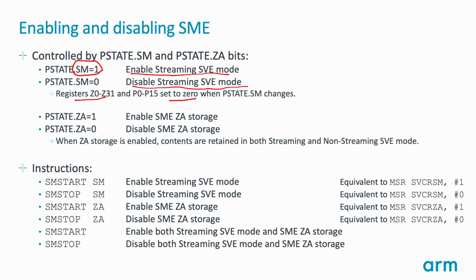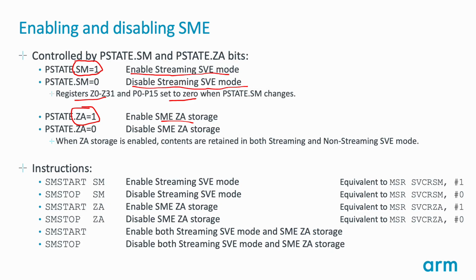Once we enter the streaming SVE mode, we can choose to enable the ZA storage by programming the ZA field in the PSTATE register. We cannot directly access the PSTATE ZA field and SM field. We use dedicated instructions.